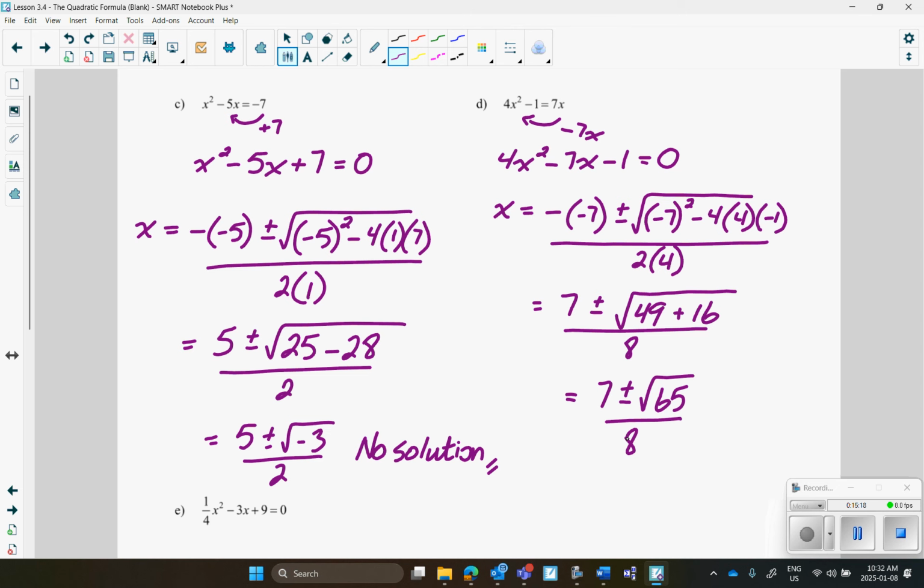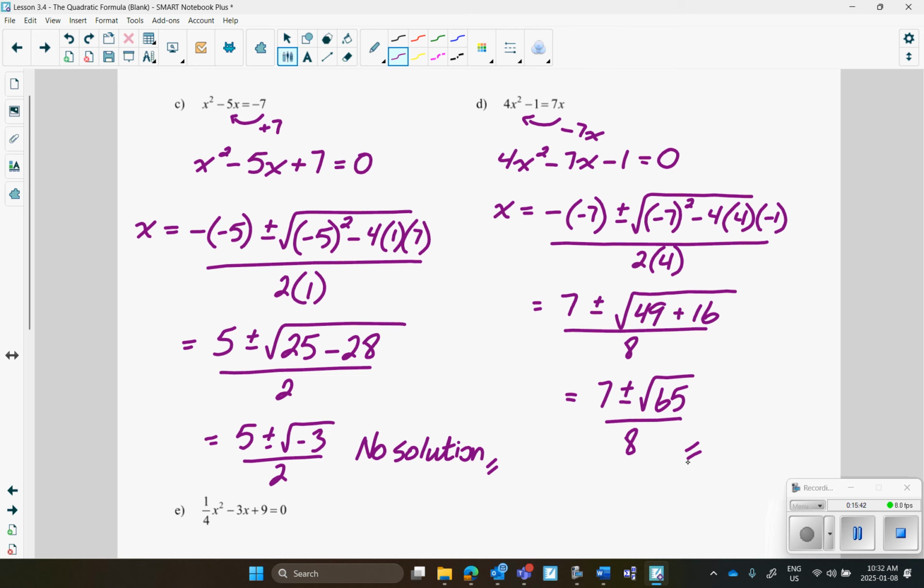The only one wouldn't be an even number perfect square because this is odd. So maybe you could think about 9 or 25, and neither of those work. So we're done. And you don't have to split it up into the two answers. You can leave it like this, but I want you to remember there are two answers here.